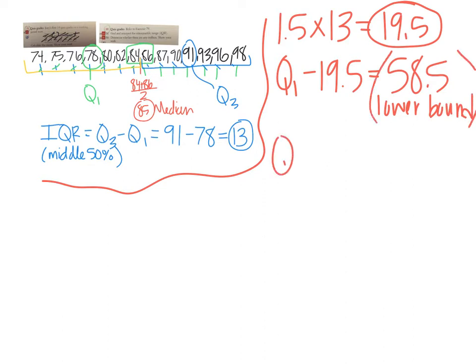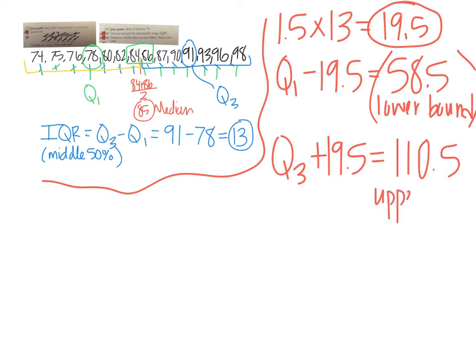And then I need to find the upper limit by adding to Q3. So 19.5 plus 91 is 110.5. And this is going to be my upper bound. So now what I do is I look at all of my numbers, and I see that 98 is my max, and that is not above this one.